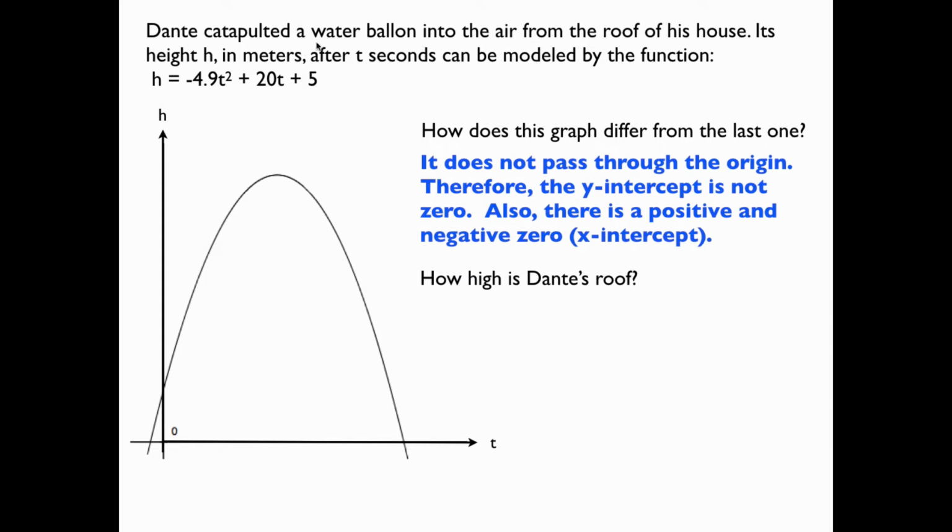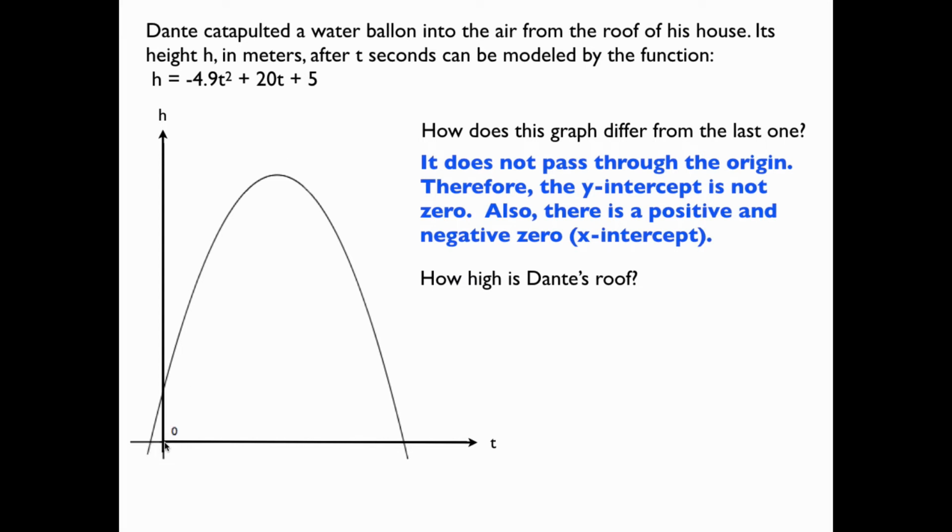All right, Dante catapulted a water balloon into the air from the roof of his house. Its height, h in meters, after t seconds can be modeled by the following function. After t seconds. So basically, this model only means something after Dante has catapulted the water balloon. How can you have negative time in that context?